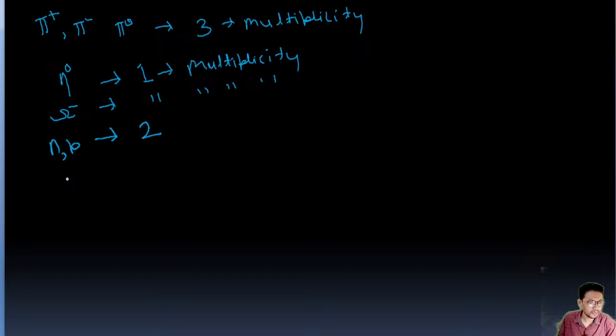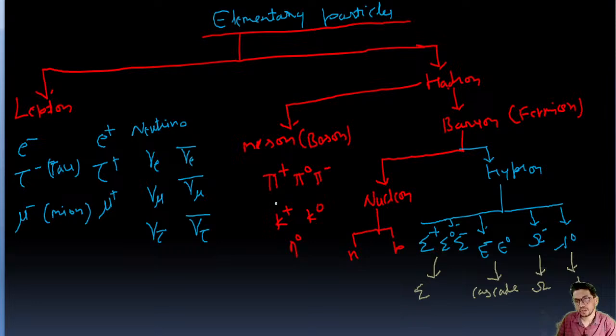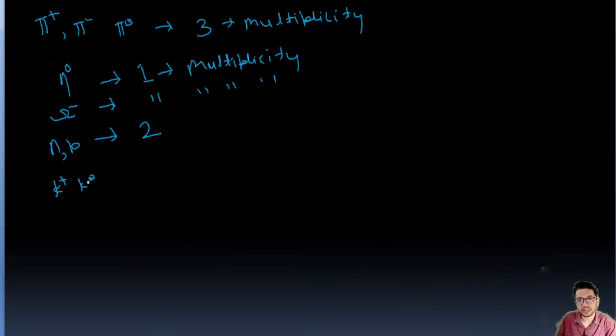Okay, similarly for K plus, K naught, kaon, right? Because in this category there are two particles. In kaon there are two particles, so that's why the multiplicity is 2. Similarly for cascade, E negative, E naught, the multiplicity is also 2 because in cascade there are two particles.